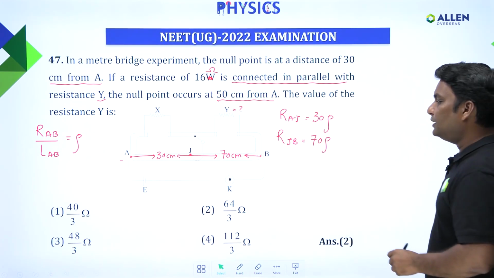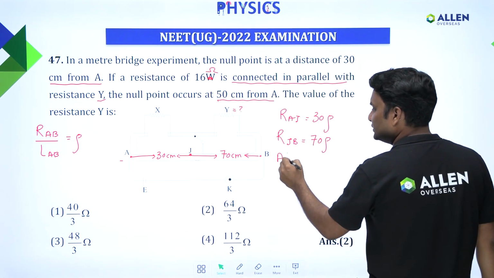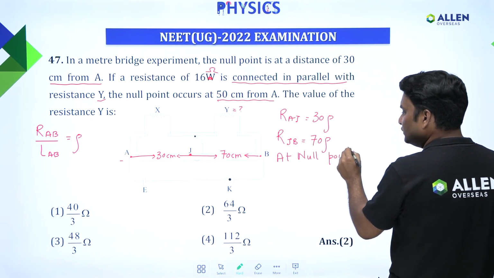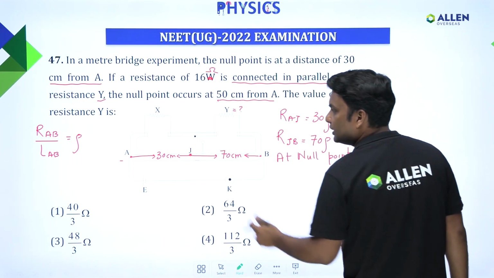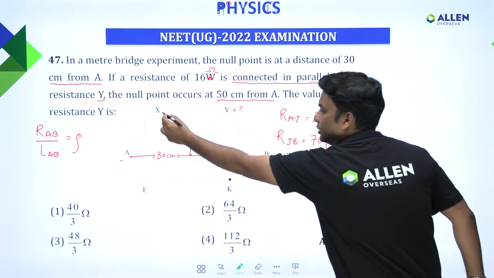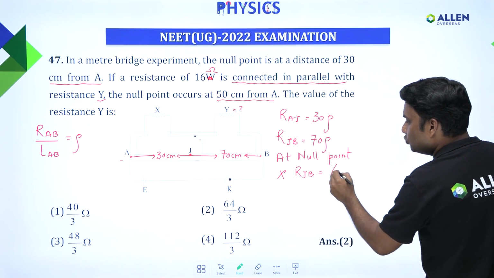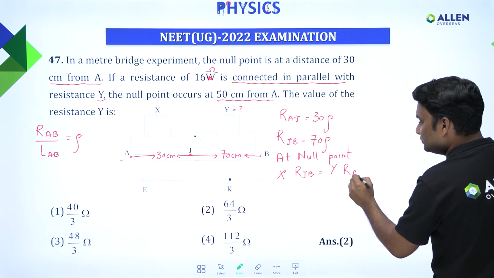Now at null point, the product of the resistances on the opposite sides holds. So X, this unknown resistance, into R JB is equal to Y into resistance AJ.